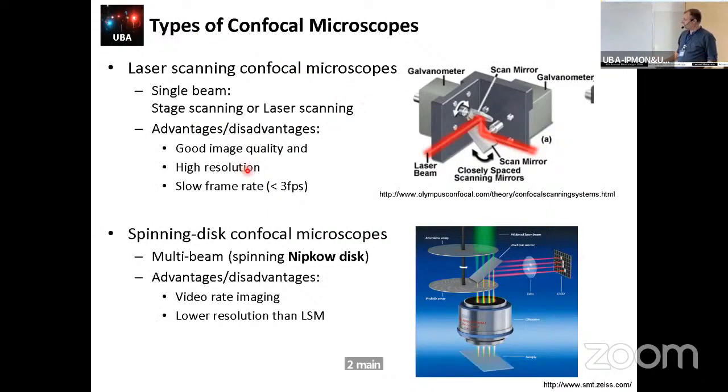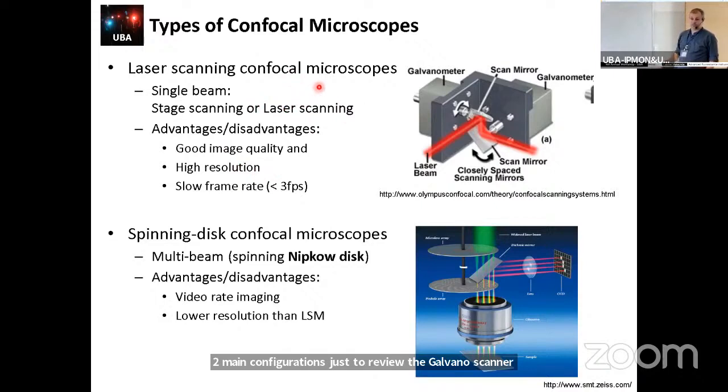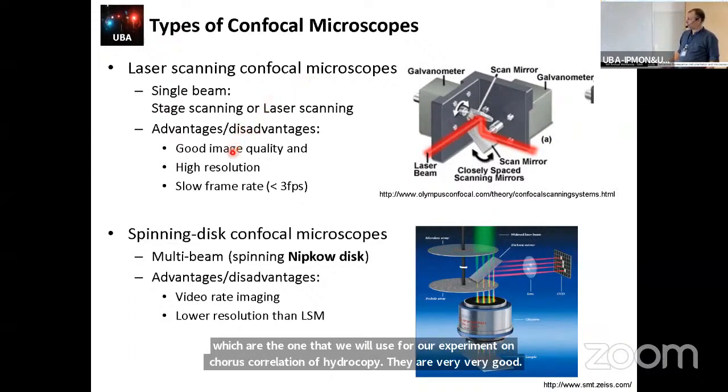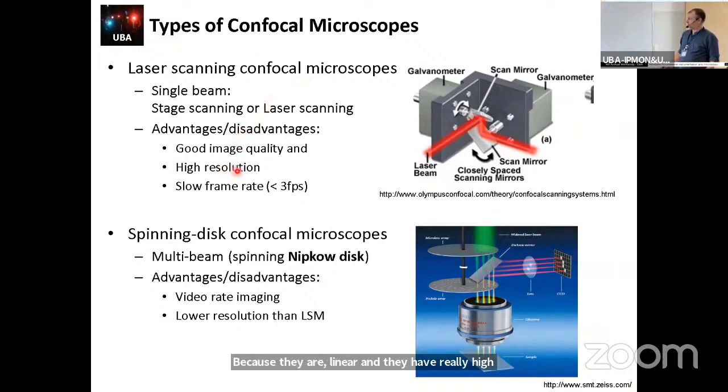Just to review the Galvano scanner, which is the one that we will use for our experiment on fluorescence correlation spectroscopy. They are very, very good because they are linear and they have really high resolution, and even when the frame rate is low, the temporal resolution within the pixel and within the line is enough for the dynamics that we will be measuring within the cell.